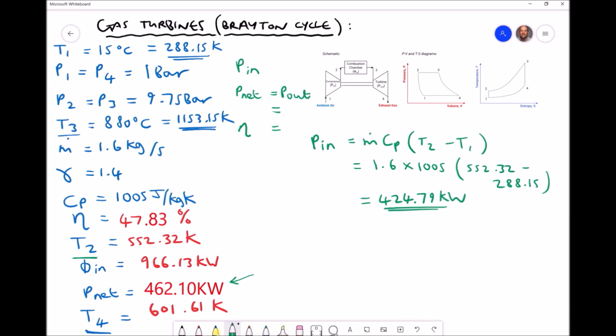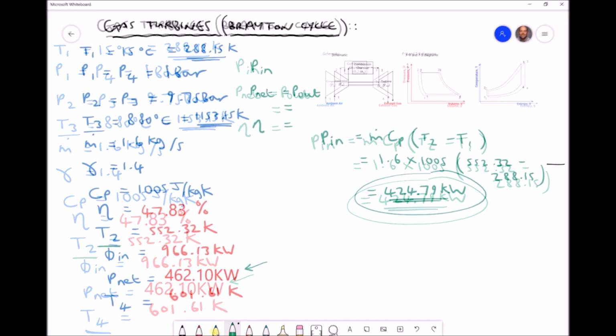Well, in this new scenario, this 424.79 is being provided by the exhaust heat gases, so all of the power output is coming from the turbine. Now there's a couple of ways we can determine this. We can add the power input to our original net power output, and that would give us the original power output. And I'll demonstrate this now.